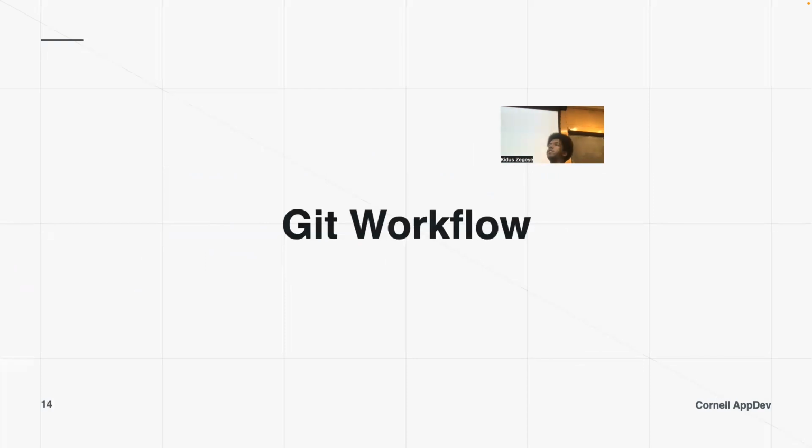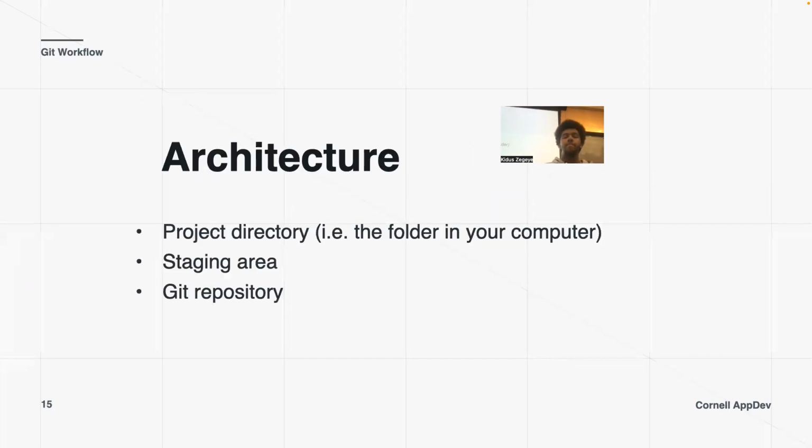So now you have a repository, and if you made it yourself, it's going to be empty. So how do you actually use it to make code and share it? The general workflow when you have a Git repository is that you have three spaces. The first is your actual folders on your computer, your project directory.